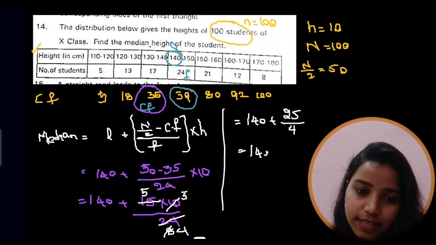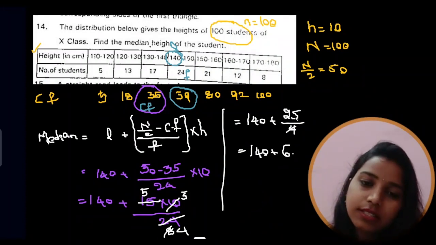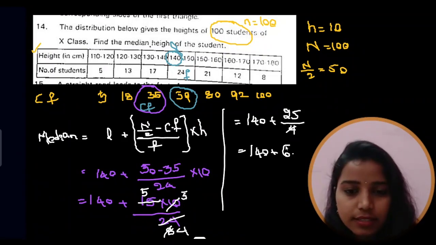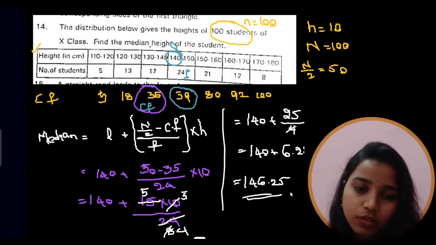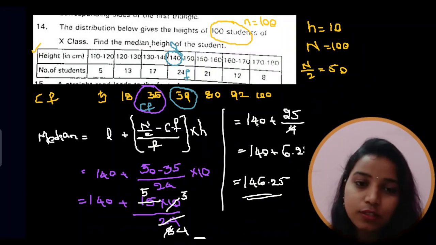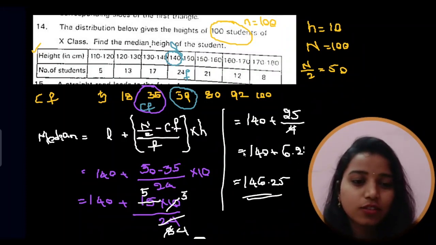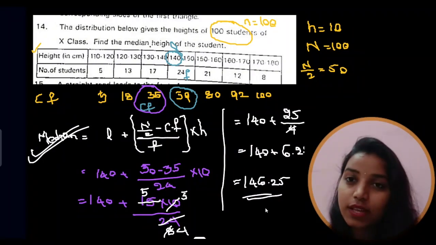And 6 fours are 24, and 1, so it is nothing but 25. So that is 146.25. So this is the median height of the students. Got it? All the students in class 10. Fine. So this is how you can find it. But to find that, this formula is very important.